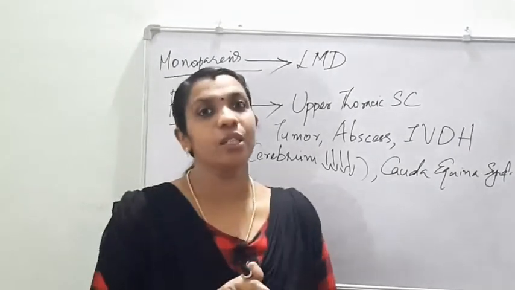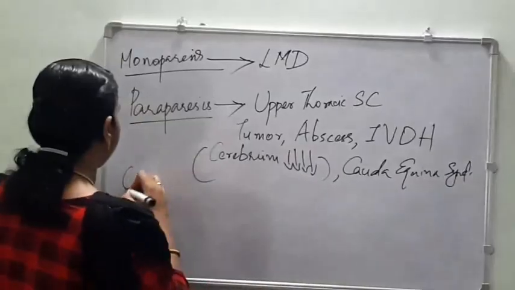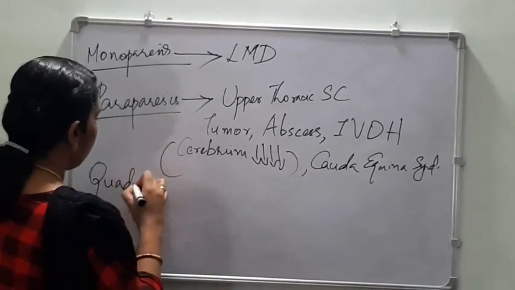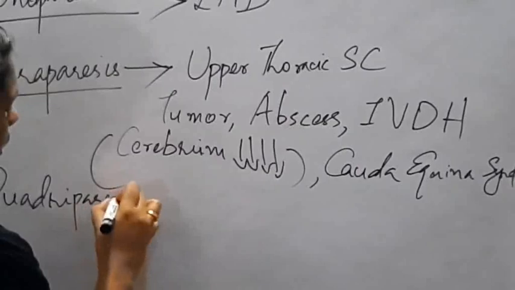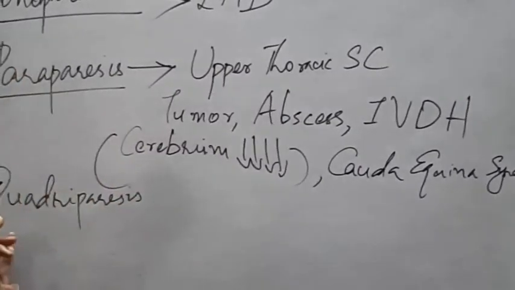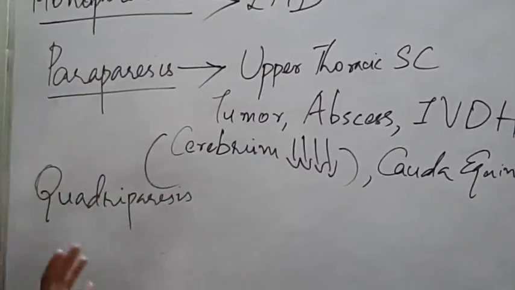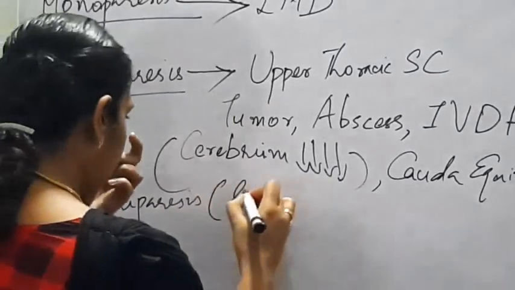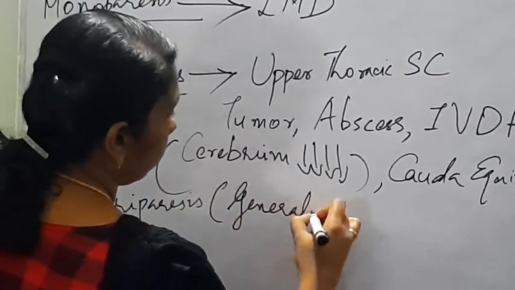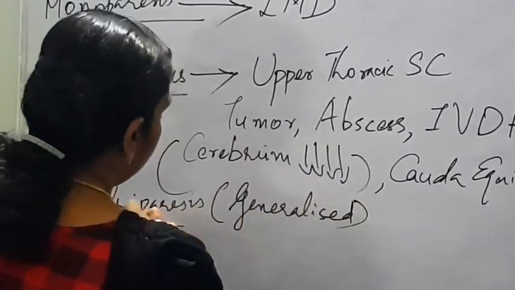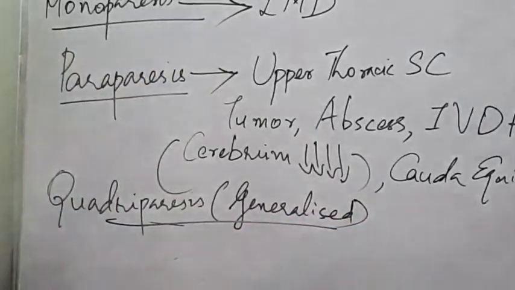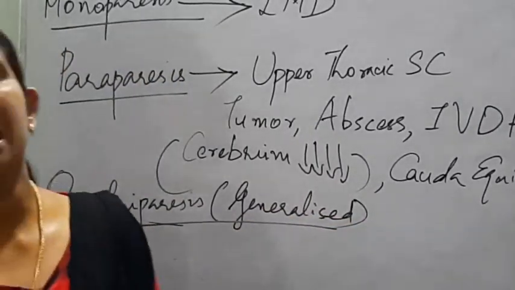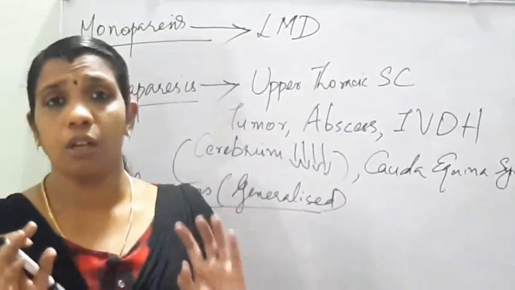Next thing is quadriparesis. Quadri means all four limbs will be affected, and quadriparesis is also known as generalized weakness. You should be very careful with this.